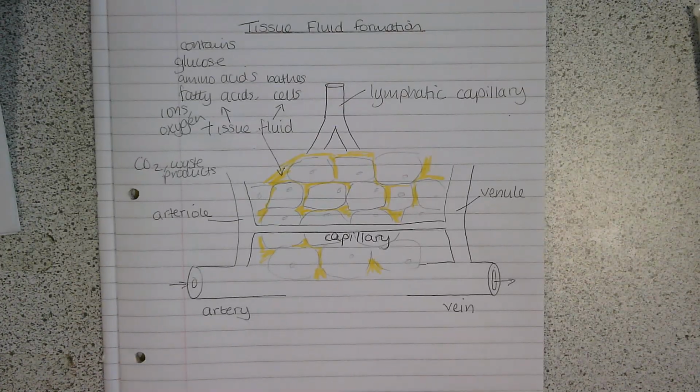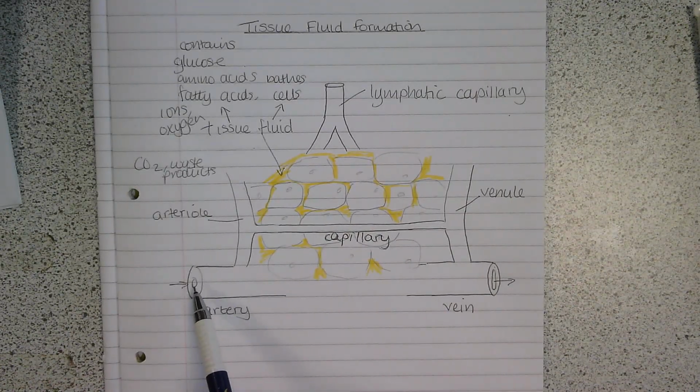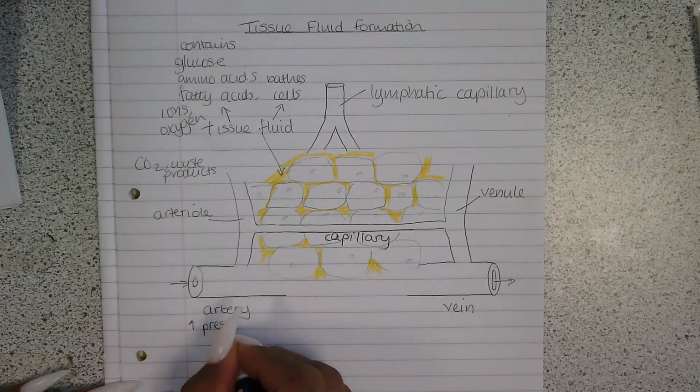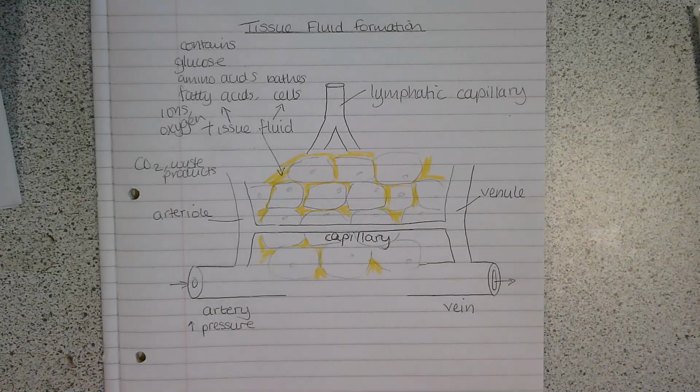Okay, let's think about how it's formed. We've already spent a bit of time thinking about the structure of the arteries and veins, and here we have the artery with its small lumen. The blood in the arteries is under high pressure compared to the vein.